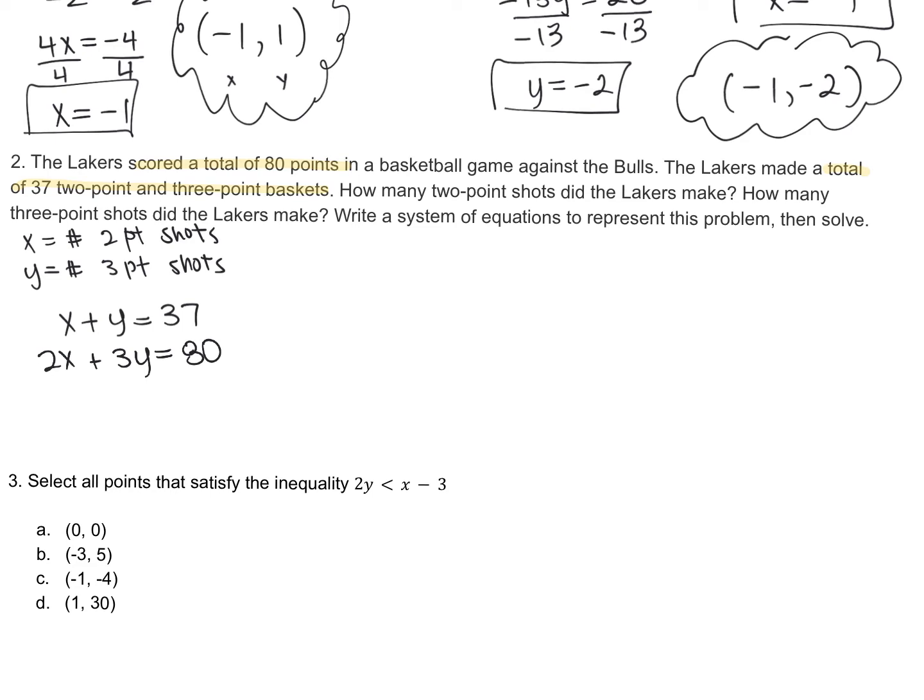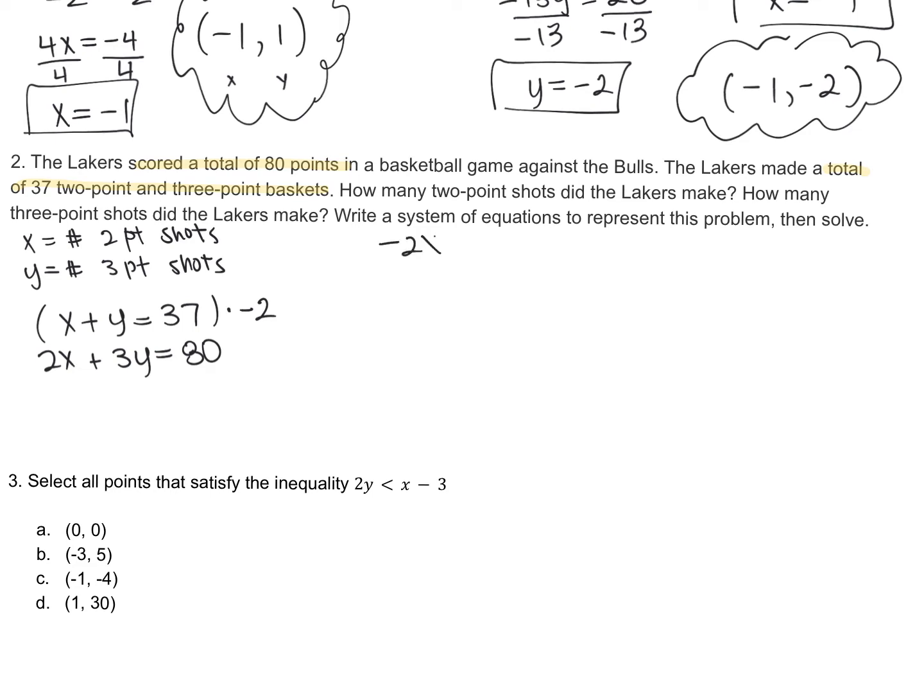Now I can decide to solve using substitution or elimination here, and it doesn't matter which. I personally am a fan of elimination, so that's the route I'm going to go, but substitution is not that difficult here. So I'm going to go ahead and eliminate x by multiplying the first equation by -2.